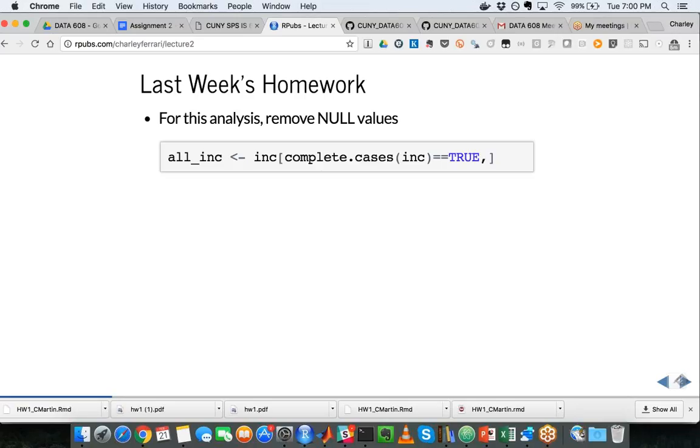For a simple example like that, can anyone guess how many cases we should have, if it were a complete and tidy data set?